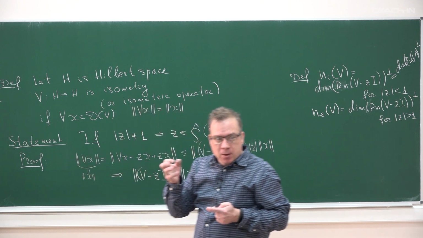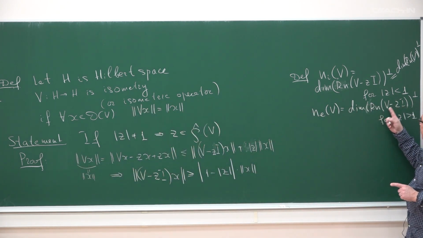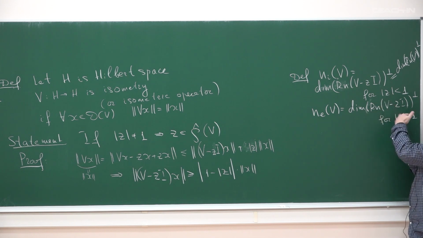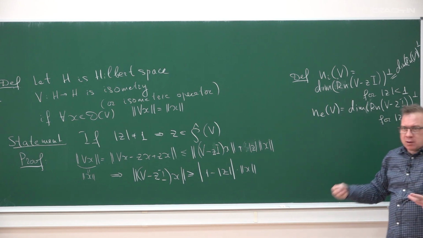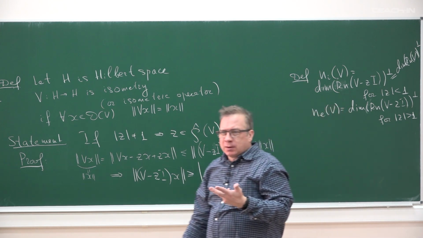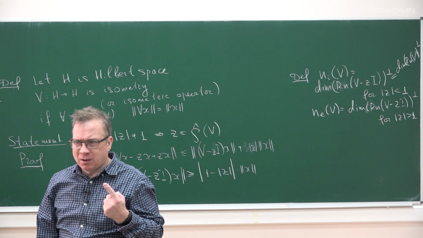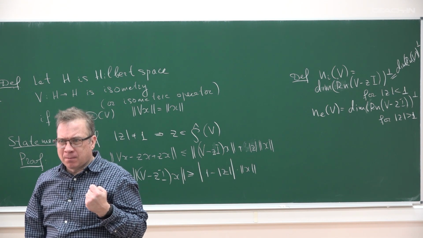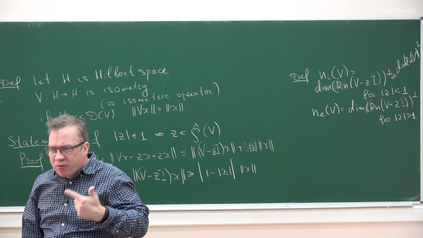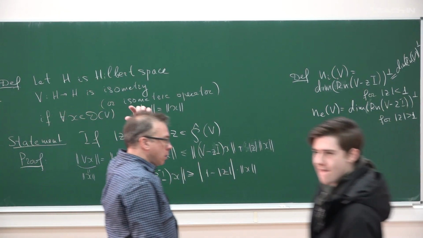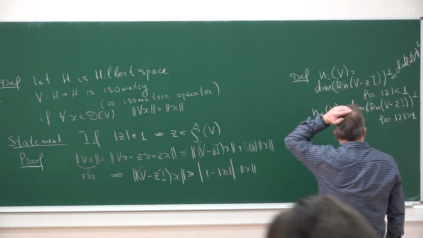Clear? So here you can take this away, because it is subordinated. And z is a scalar. So it is just the domain of operator V. So it is the dimension of the orthogonal complement of the domain of V.